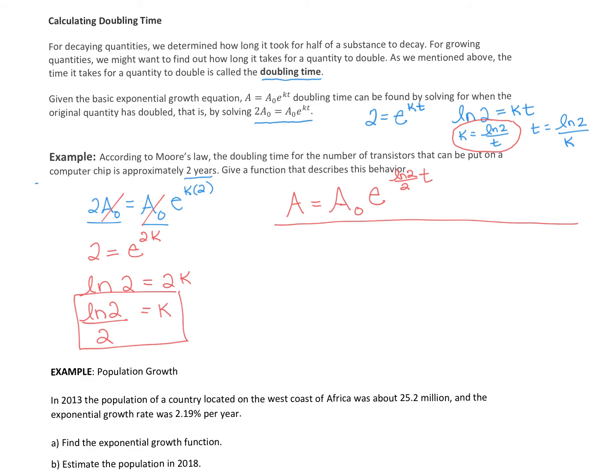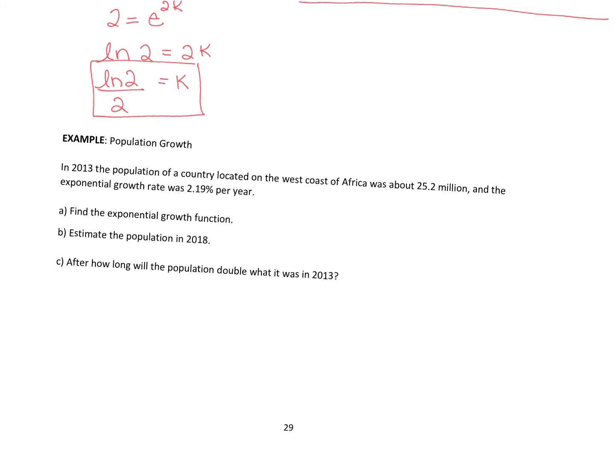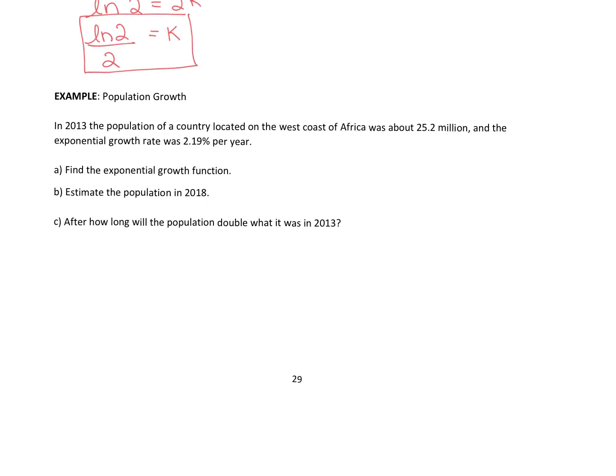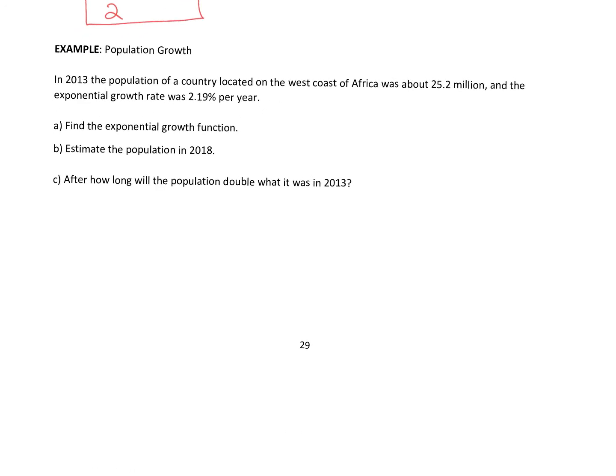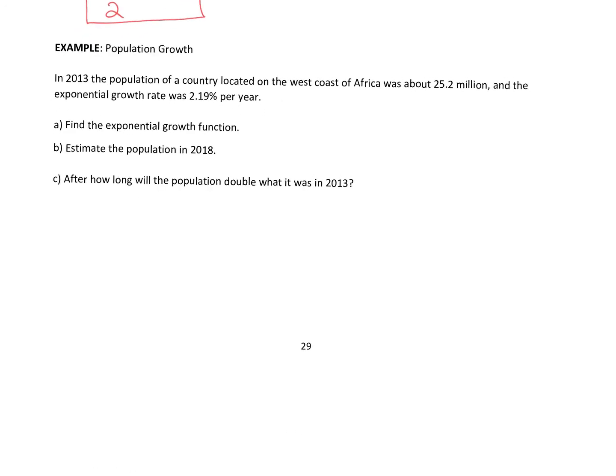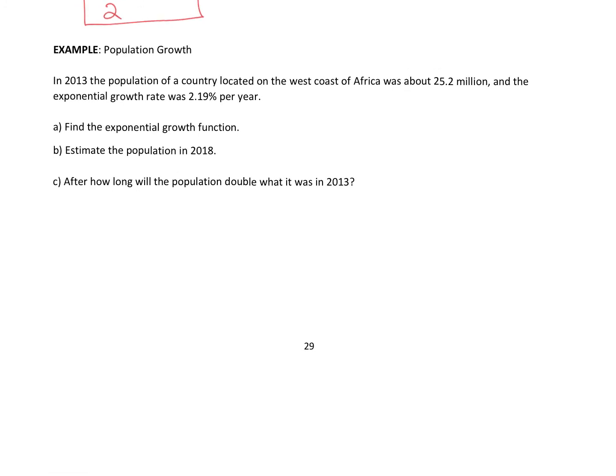Let's now turn our attention to population growth. Population growth grows exponentially, so our k value is going to be positive, and we'll do this following example.